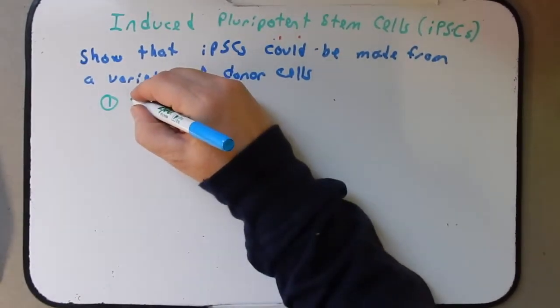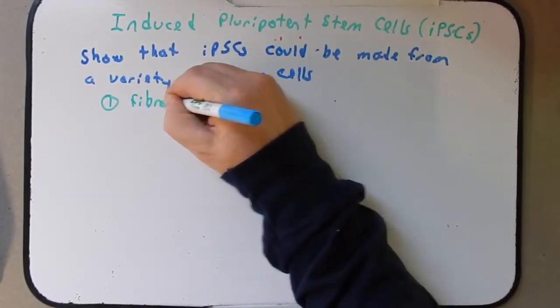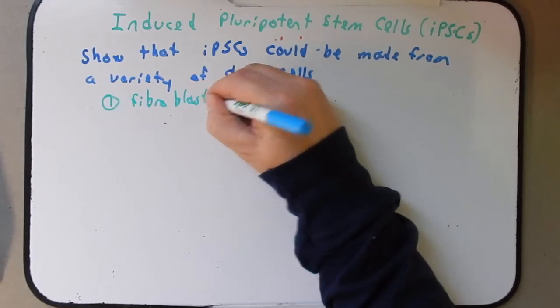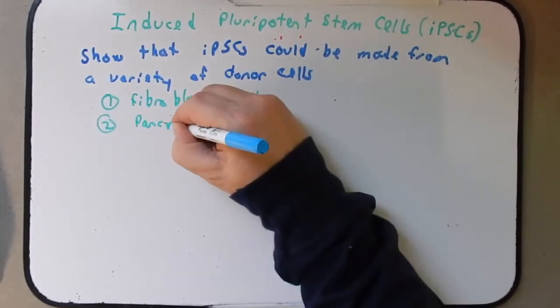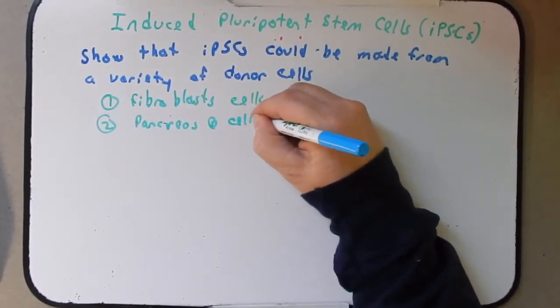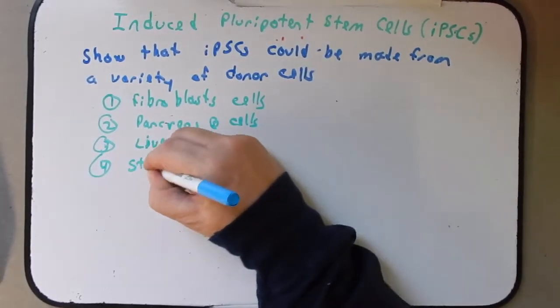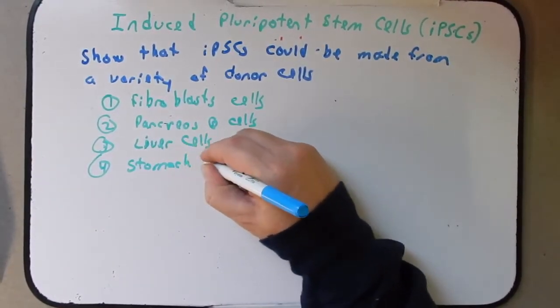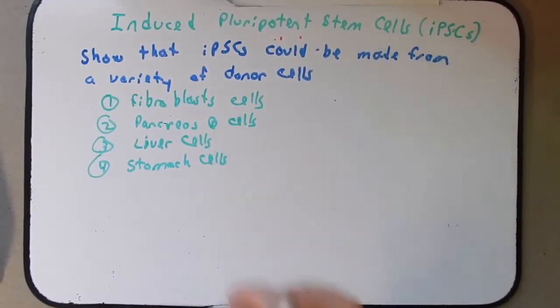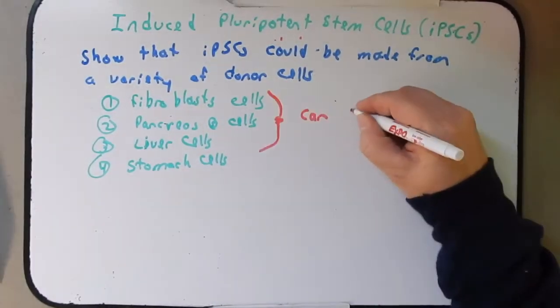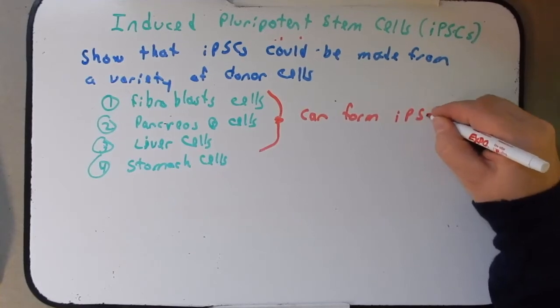Some of these cells include fibroblast cells, which is what we've talked about on the previous board, pancreas beta cells, liver cells, and stomach cells. And there are other examples too, but I'll just stop here with these examples. Now, all of these can form iPS cells.